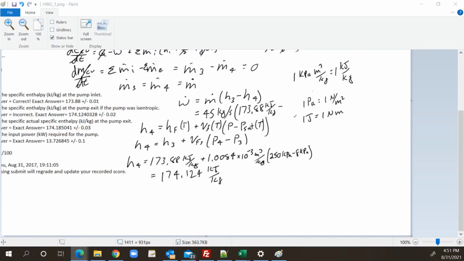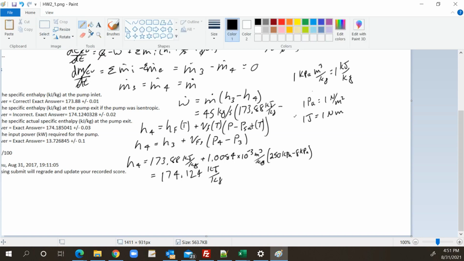And okay, then our last step is to find h4. What we found here is actually h4s. So our pump efficiency is going to equal the work ideal over work actual, or in this case power.